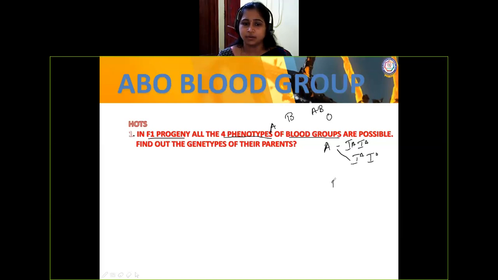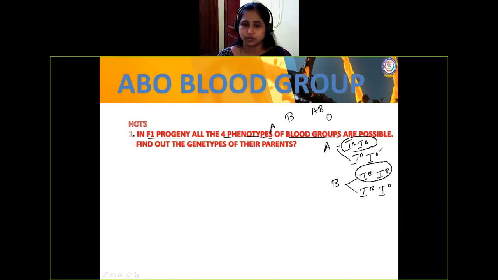Then B blood group, when they are homozygous as well as heterozygous, can be expressed. Now this part is ruled out because here there is no possibility of O blood group. Either there will be A or AB only, no O blood group. So this part is ruled out.